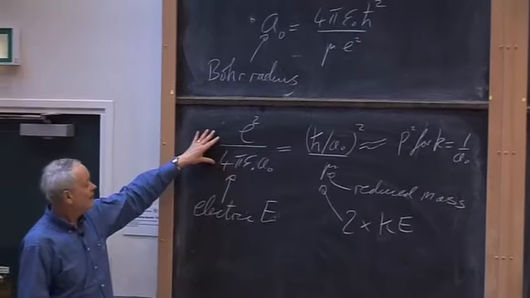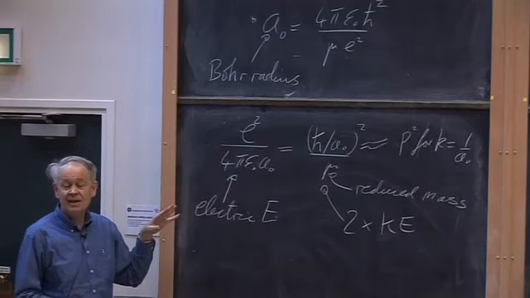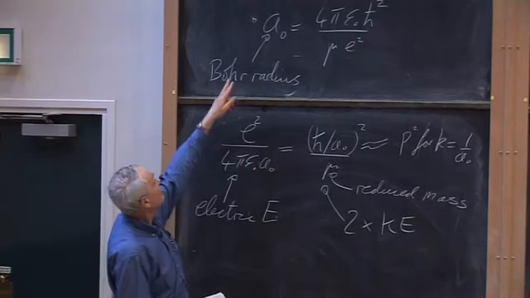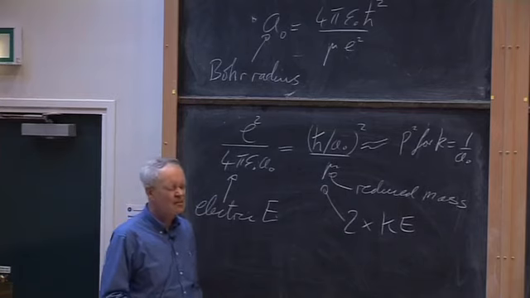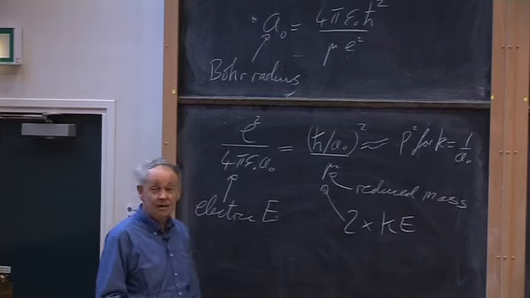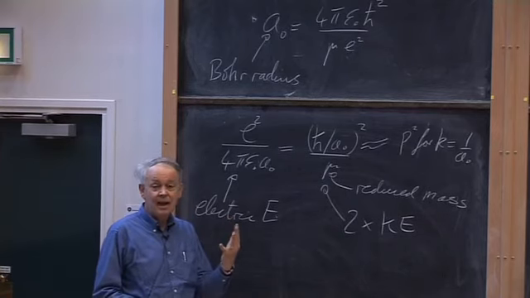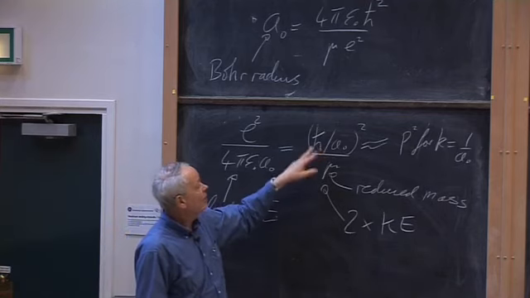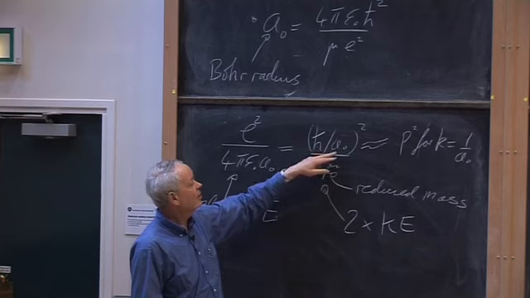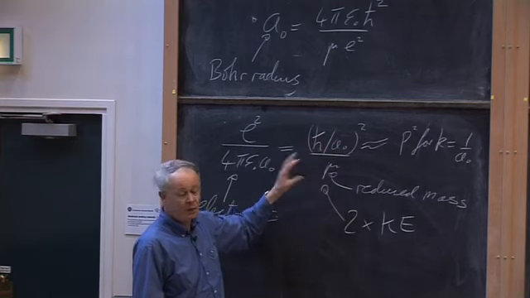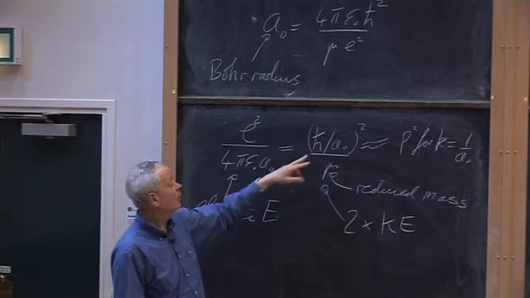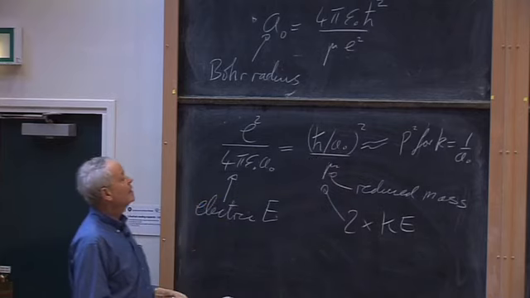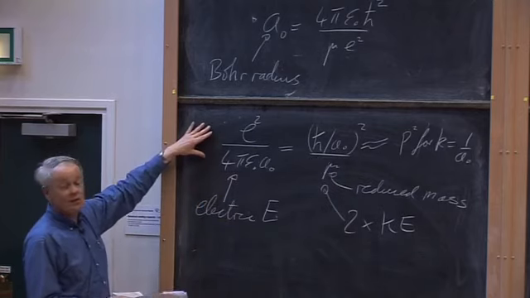And what we have on the left side here is the electric energy. So the scale that's being set, the Bohr radius, is the natural scale at which the kinetic energy associated with the uncertainty principle, the zero point energy, what in the harmonic oscillator we would have called the zero point motion, is on the order of the electrostatic energy.